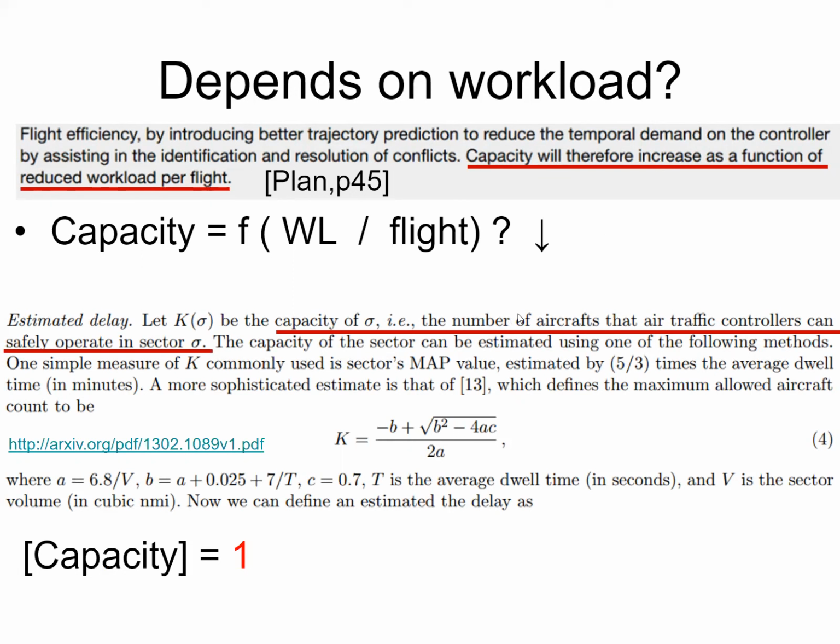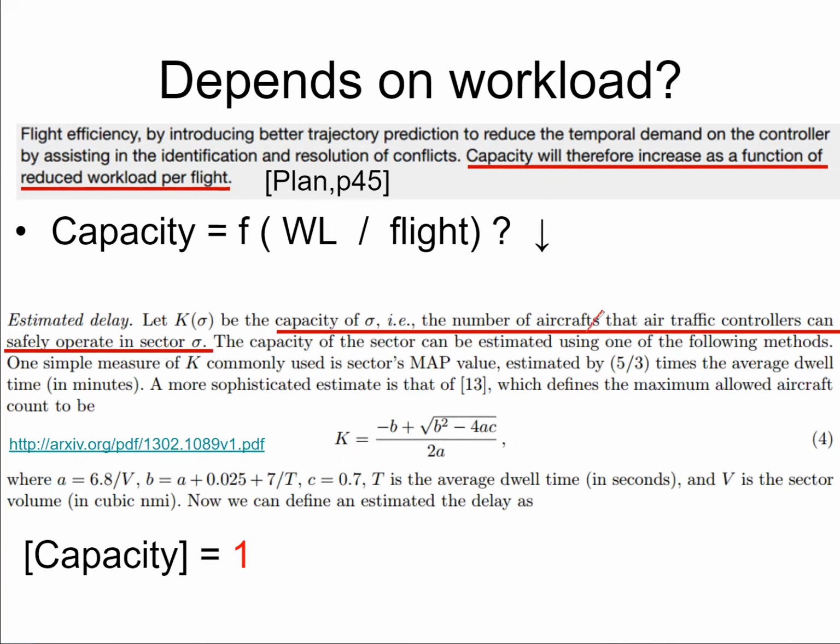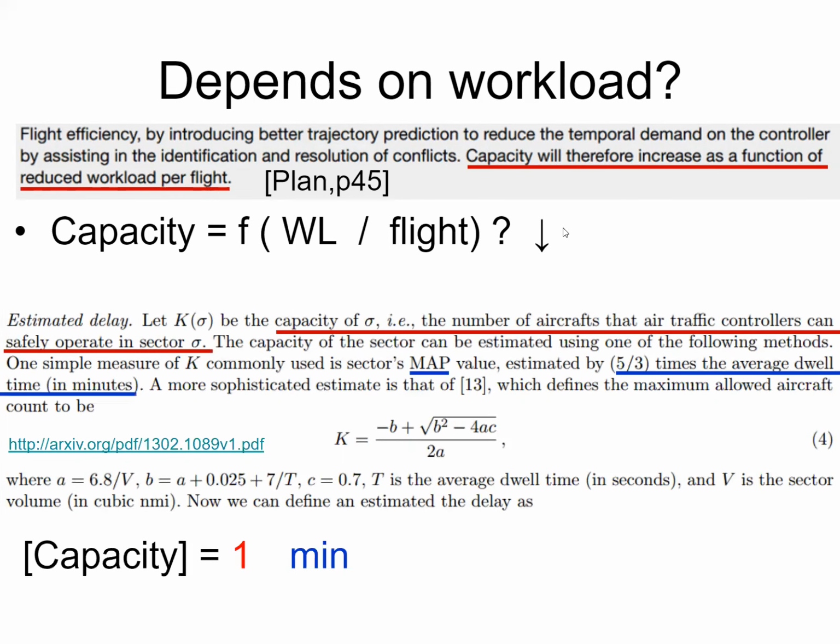You look at papers devoted to capacity, and within a single paragraph, you can see that the capacity is the number of aircraft. Well, they didn't take the English lesson with us, so they don't know that the plural of aircraft is aircraft. But anyway, they say that the capacity is expressed as a number. And then, in the same paragraph, they say that the capacity is this MAP value, and MAP is this monitor alert parameter value. So Eulalia was also talking about these nominal capacities of sectors.